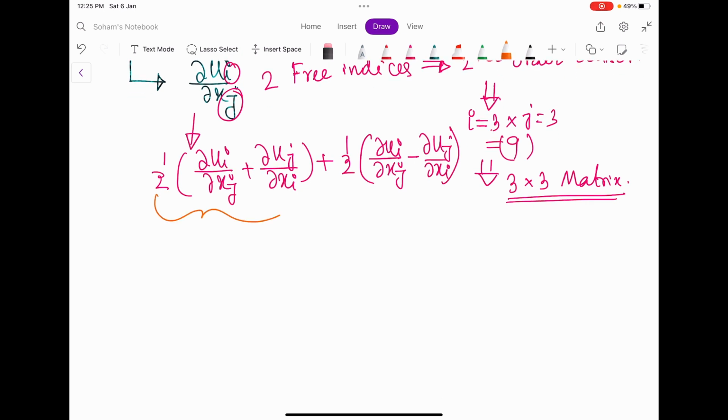Essentially this is a symmetric part. You have studied in matrix algebra that a matrix can be divided into a symmetric and a skew symmetric part.